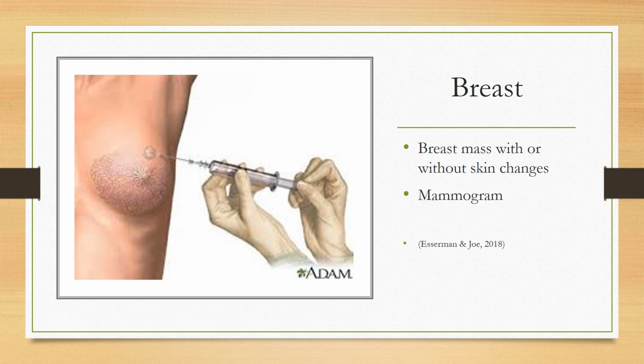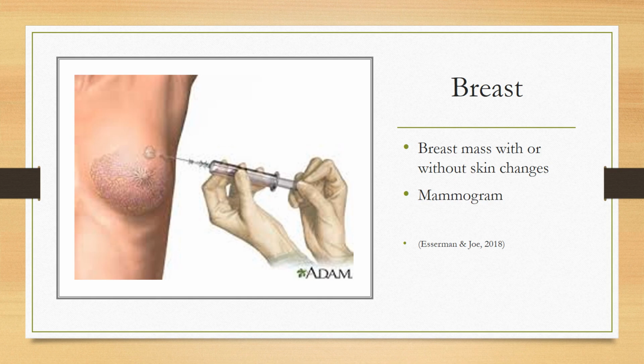So, breast cancer is the most frequently diagnosed cancer and leading cause of cancer death in women. Women who will be getting a fine needle aspiration biopsy on their breast almost always have found this lesion from a mammogram or from a breast self-exam or from a physical exam.